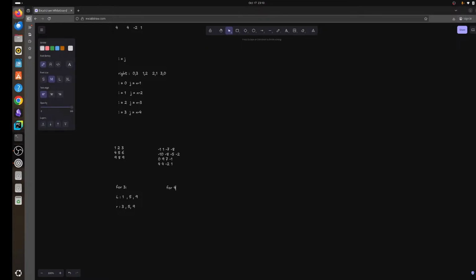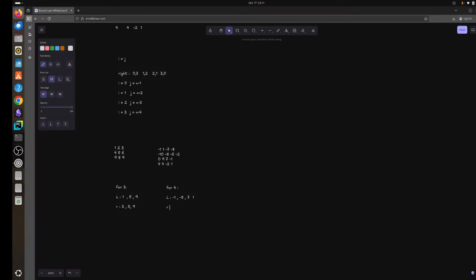For 4, things are a little bit different. Left is minus 1, 8 minus 8, 7, then 1. Here in this case also, i equals j, right? 0 0, 1 1, 2 2, 3 3.